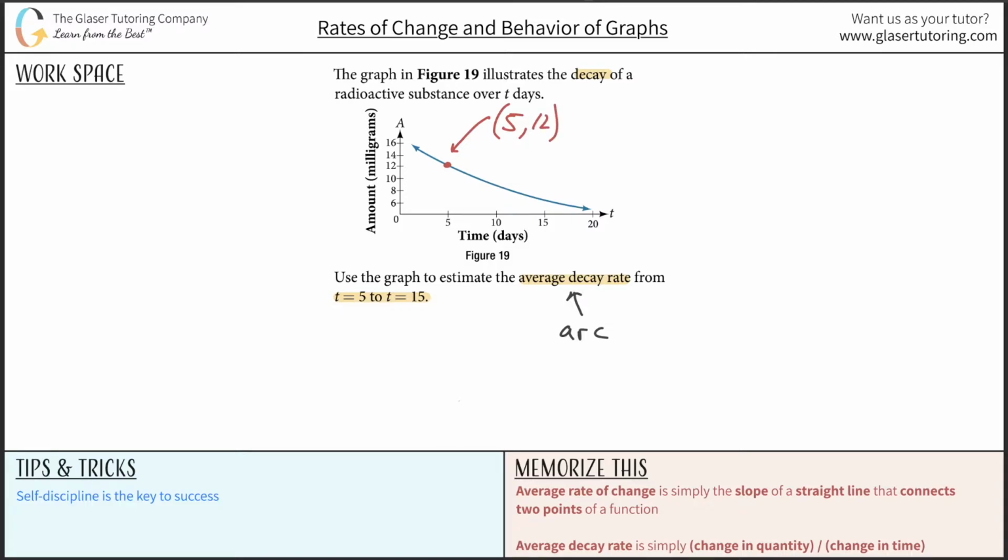All right, let's do the same thing for the next t value, which is on the x-axis. So the next time value is 15. So scroll up to the graph, plot your point, and then to the best of your ability, draw a straight line on over to the side. And it looks like, is it 6?